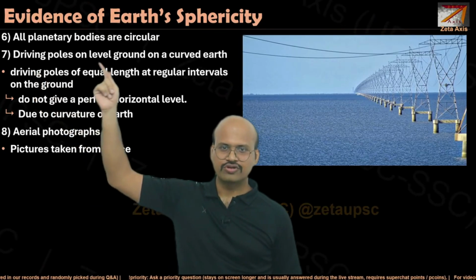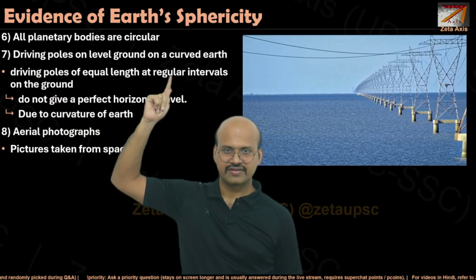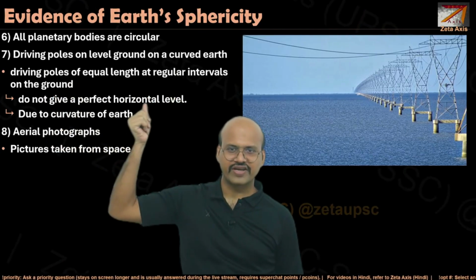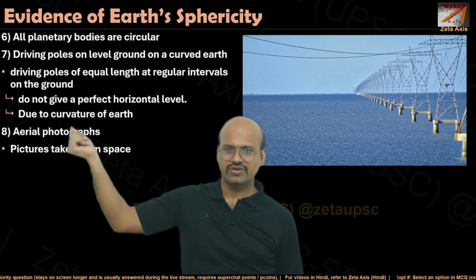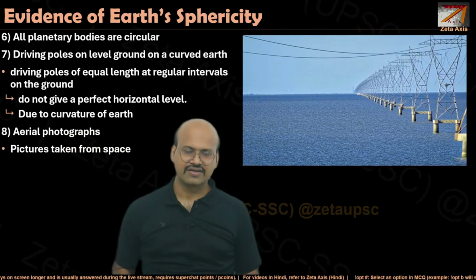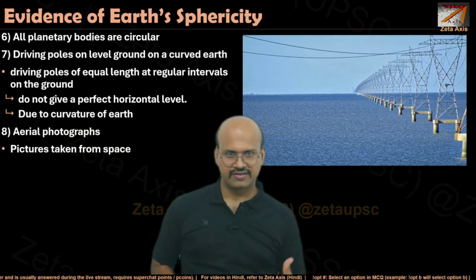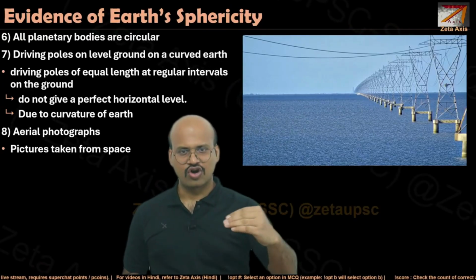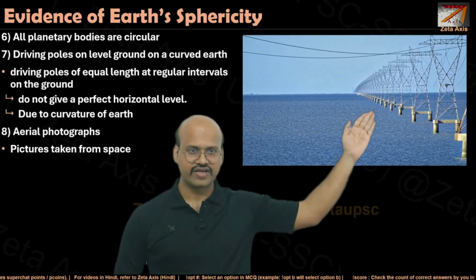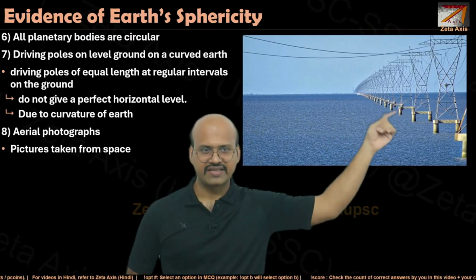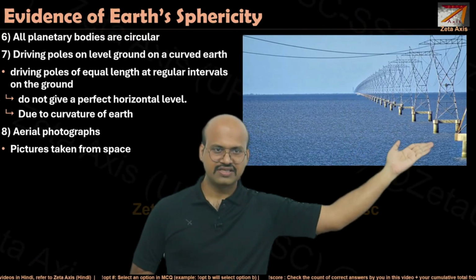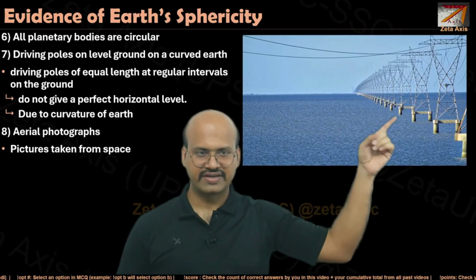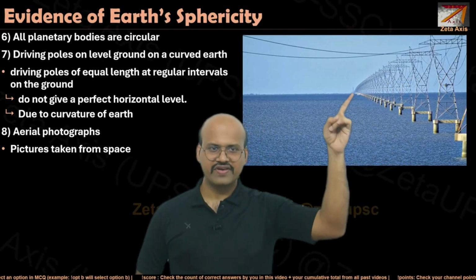Seventh was driving poles on level ground on a curved earth. Driving poles of equal length at regular intervals on the ground, they do not give a perfect horizontal level due to the curvature of the earth. So what it is trying to say is that if we take some objects of equal height and place them in a line on a flat surface, as you can see over here, these poles are of the same height and they are placed on the sea surface, and they are spread over a very long distance.